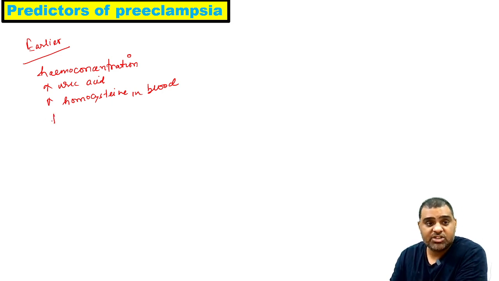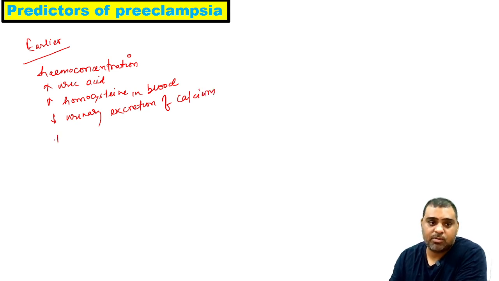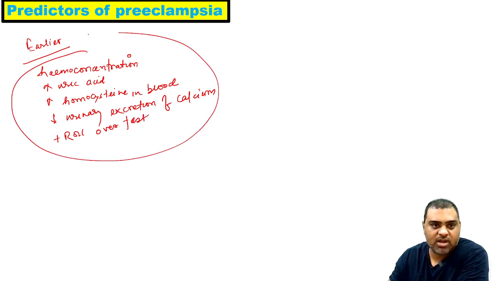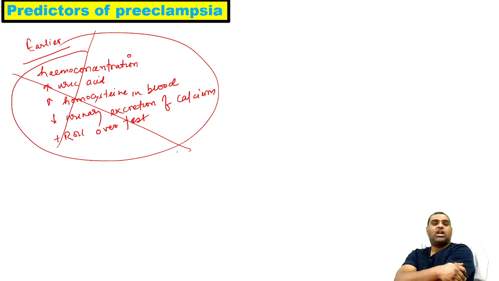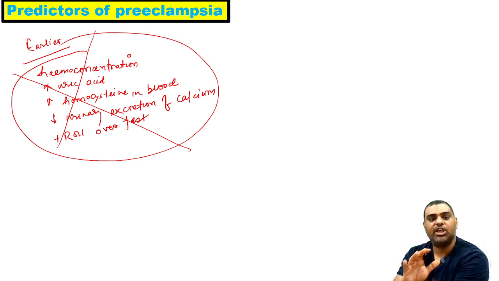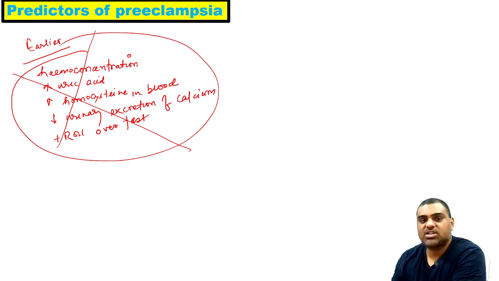And if there is decreased urinary excretion of calcium, and a positive rollover test. Now please remember, you don't have to remember these things, because they have been removed from the new Williams Obstetrics and most of the books. Now they are not considered predictors of preeclampsia.